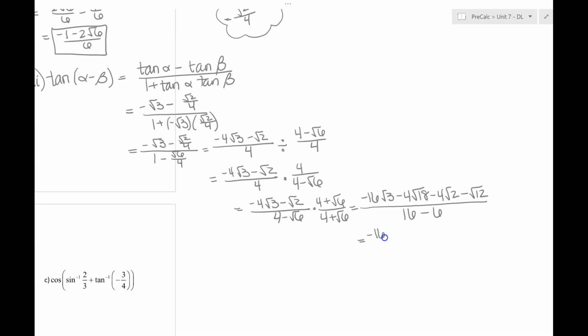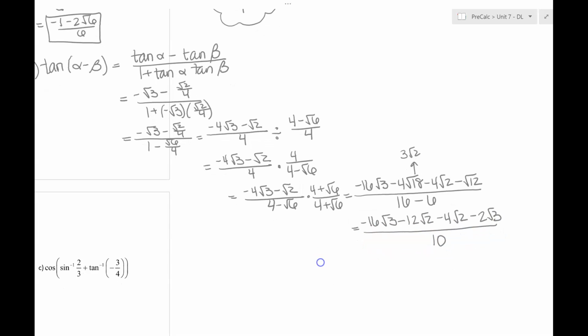We have negative 16 rad 3 minus the square root of 18, which is 9 times 2 underneath, so 3 rad 2. So then we get minus 12 rad 2 minus 4 rad 2. Square root of 12 is 4 times 3 underneath, so we get 2 rad 3, all over 10. Are we having fun yet? Oh, heck yeah, we are.